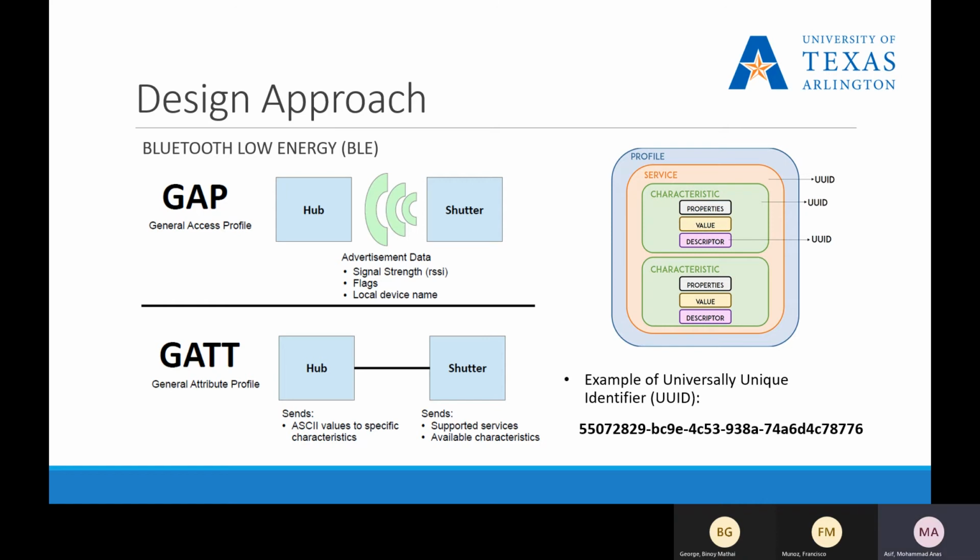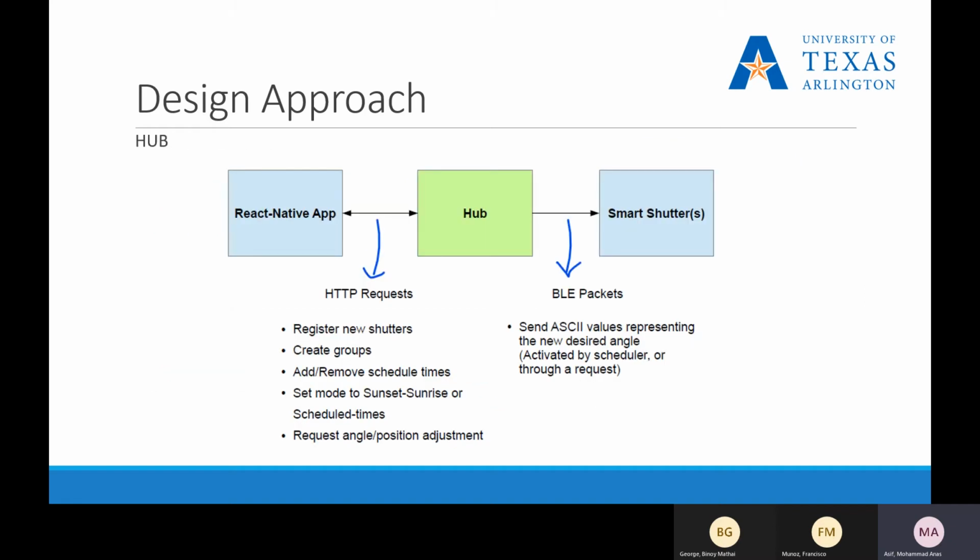A few operations and procedures that can be used with the characteristic are read, write, or notify, etc. Each service, characteristic and descriptor all have unique UUIDs, or universally unique identifiers, which is a 128-bit number, and an example of this is shown here on the screen.